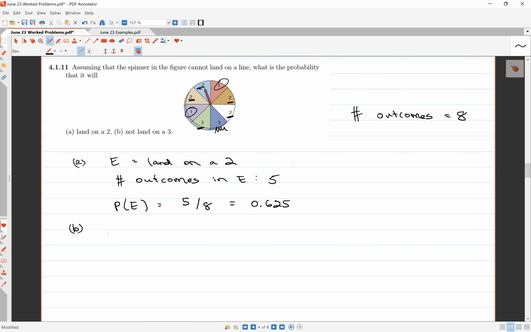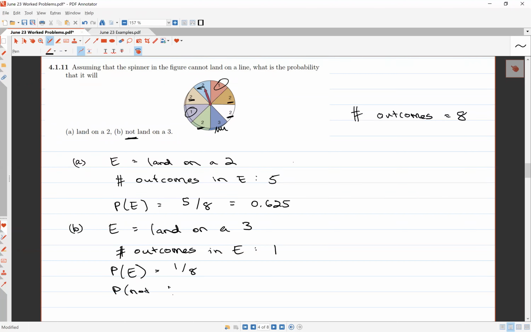What about B? Not landing on a 3. So we have an opposite here again. So let's consider the original event that it lands on a 3. And how many outcomes on that wheel actually correspond to a 3? Only 1 of them. So the probability of E is going to be 1 in 8.